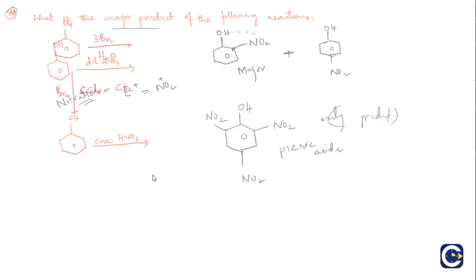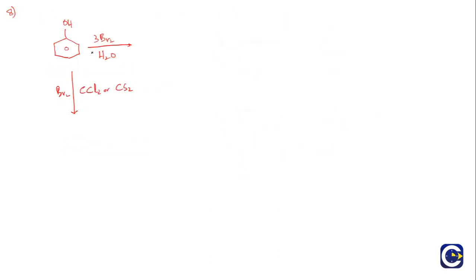Let's look at another question. Again we have phenol, and the phenol reacts with bromine. We have two pathways in this reaction. One is when bromine reacts in the presence of water, where water is the solvent, and the other is when bromine reacts in a solvent such as CCl4, carbon tetrachloride, or CS2.